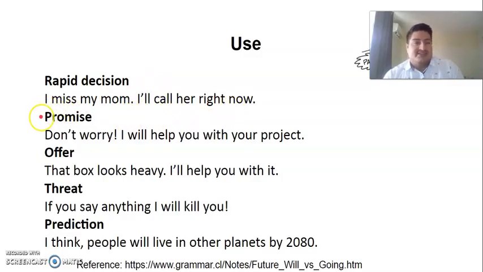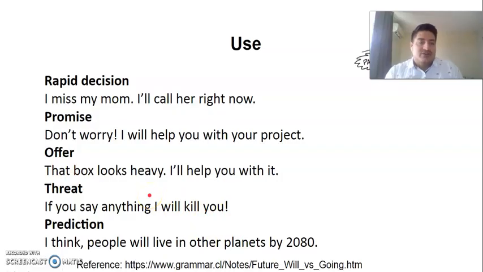For promises, for example, don't worry, I will help you with your project. So you're giving a promise to somebody. For offers, for example, that box looks heavy, I'll help you with that.